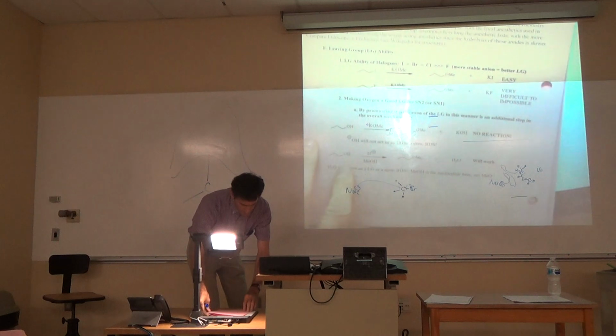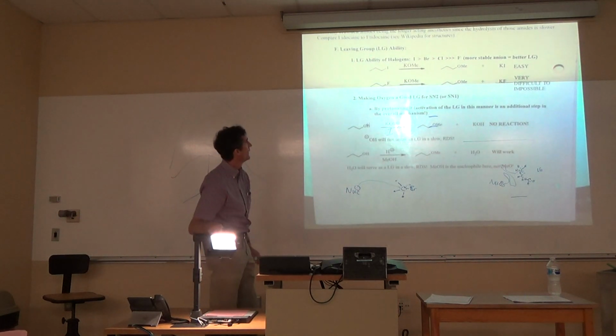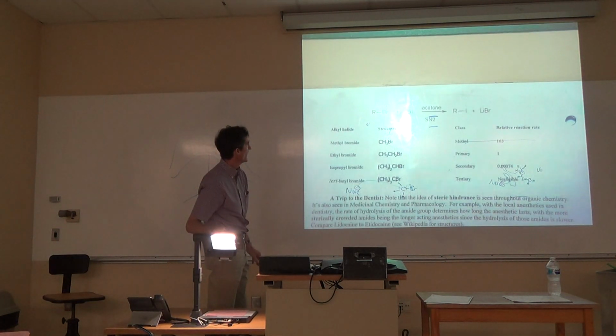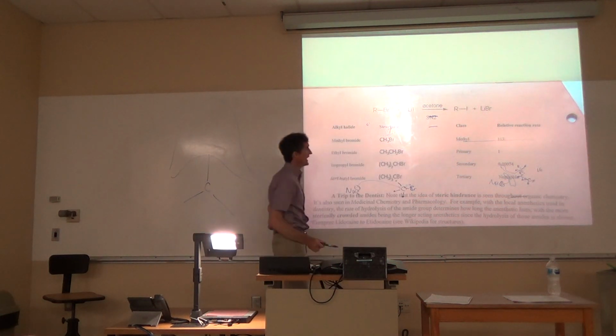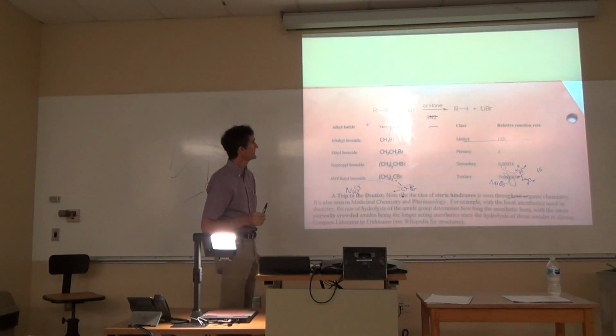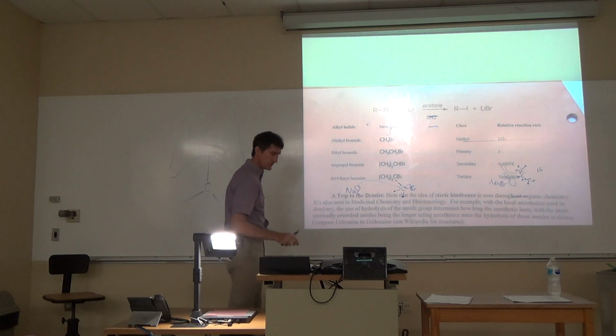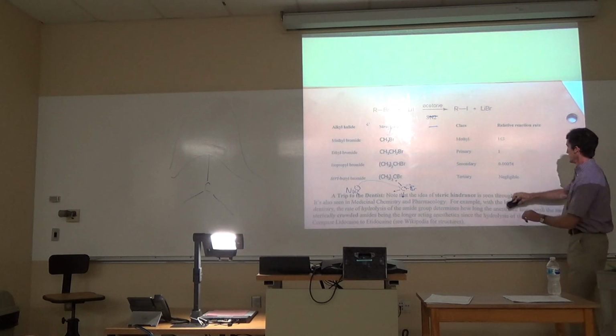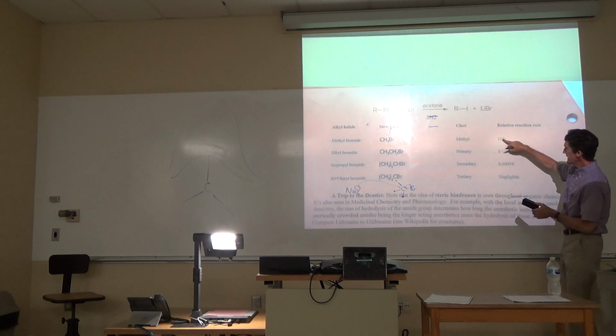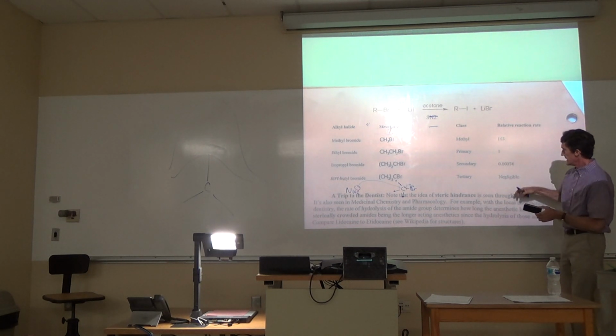Here's just a table with some rates. Same reaction here, except we're using lithium as the counter ion, counter cation. I minus replacing Br. You see the rates. This one being listed as 1, that being faster, this being slower.